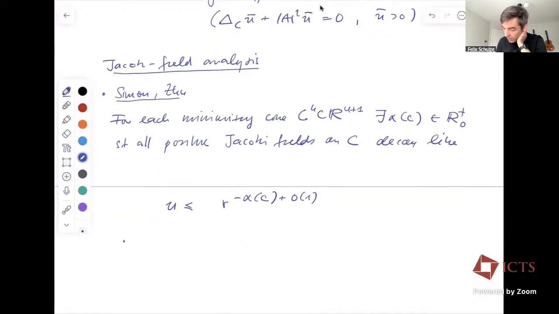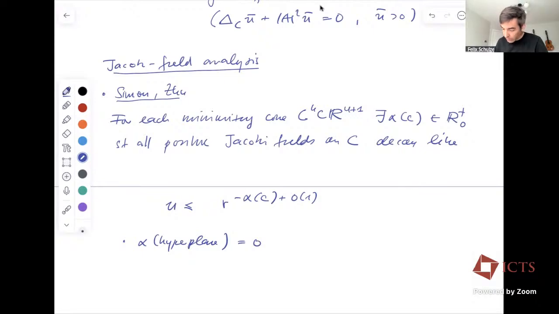So what do we get? For alpha of a hyperplane, you can just translate the hyperplane up and down, so the Jacobi field there would be just a constant function, so we can't expect any decay rate. So for a hyperplane, this is 0. For a hyperplane, we do not have any decay.